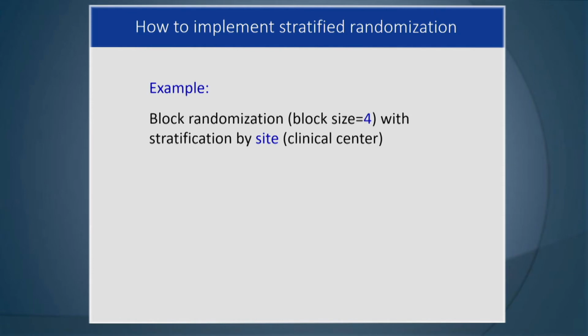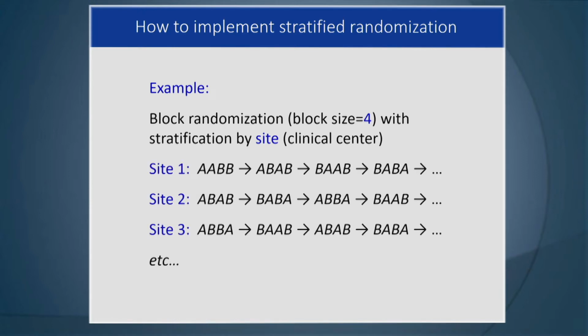So again, how do you implement stratified randomization? Let's say you have a block randomization, a block size of 4 that we talked about in part 2, with a stratification by site. So the clinical center is the stratification variable. The different sites are the different levels of the stratification variable. So it's actually pretty simple. You think of running a trial at every site separately, and you do your block randomization as if each site was a separate trial.